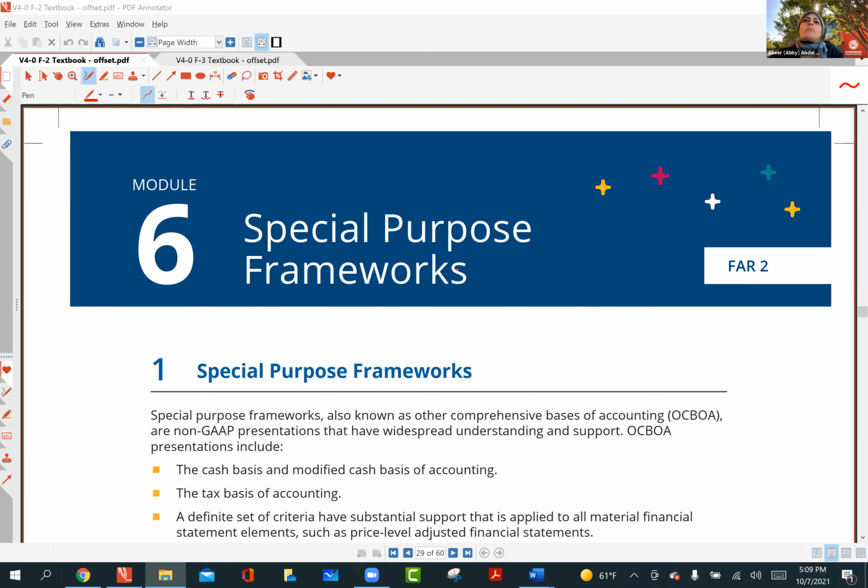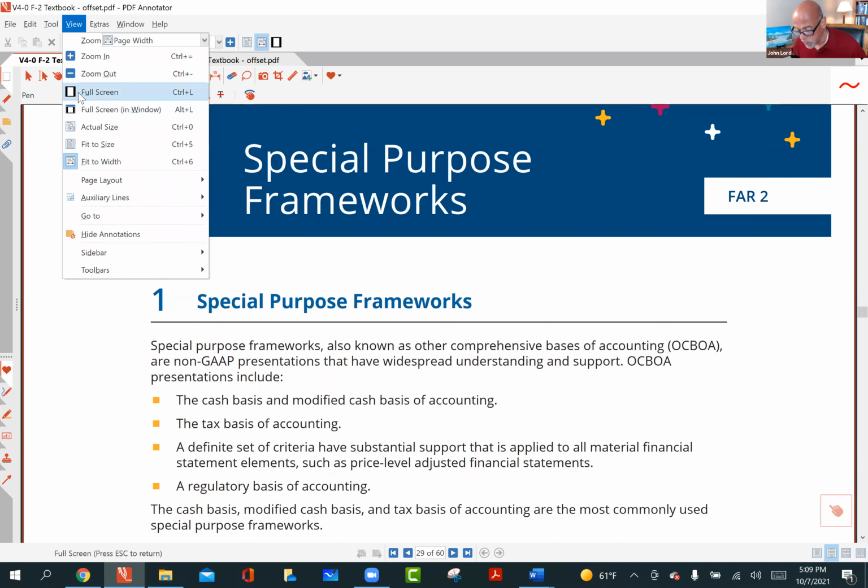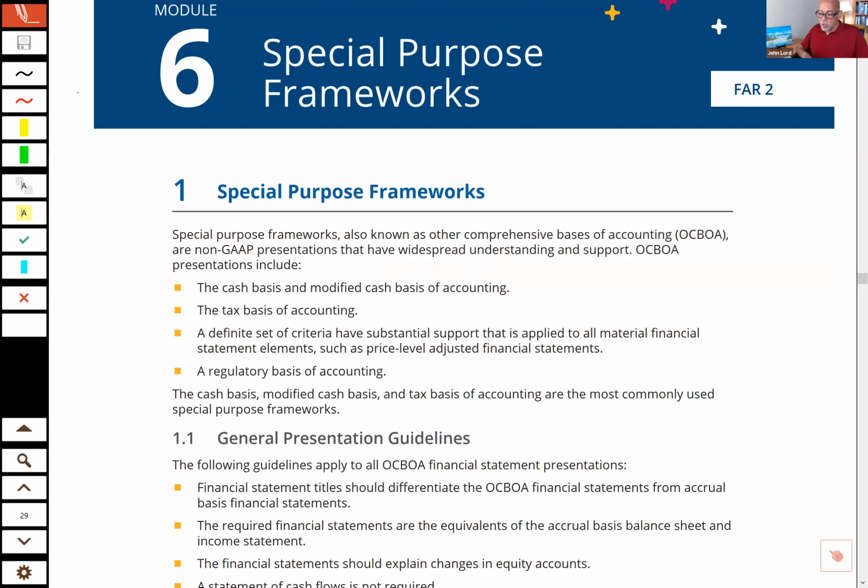Okay, good. All right, so let's take a look at module 6 now, which is where we left off last time. What we're going to be talking about here is special purpose frameworks. Under generally accepted accounting principles, we follow accrual basis accounting, right?